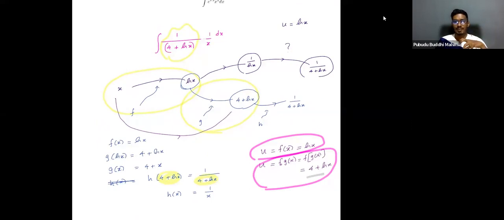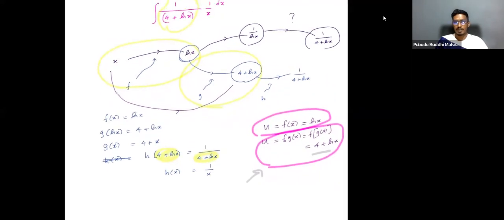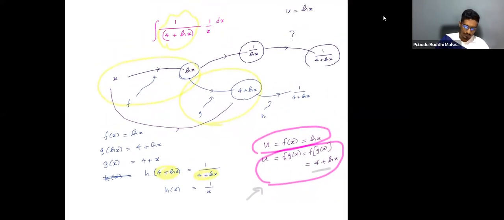Because that way, the denominator will reduce to u. But if you use u equals natural log of x, the new denominator is 4 plus u. I prefer u instead of u plus 4. Hence, I'm going to use this substitution. But you can use the other one as well. Then the same idea. Then convert everything to u.